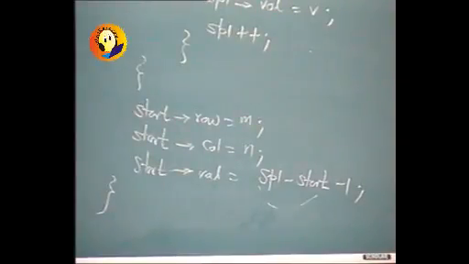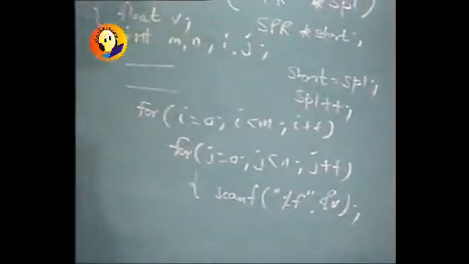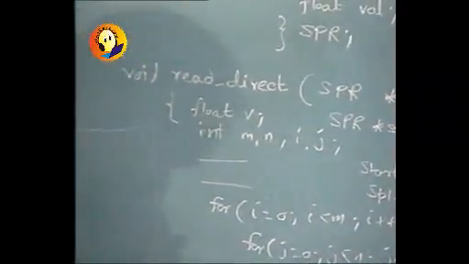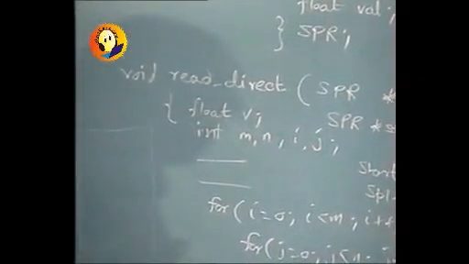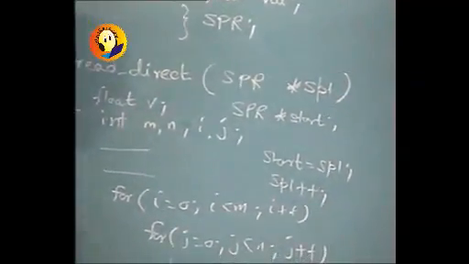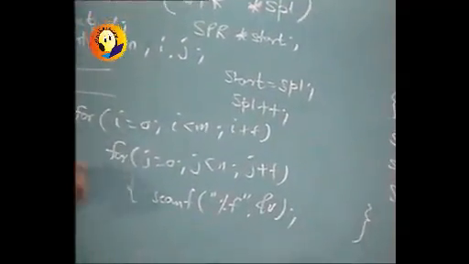And then that's it. This printf scanf is to read M and N. Of course a void type function. That's why generally wait for me when I say now take it down.